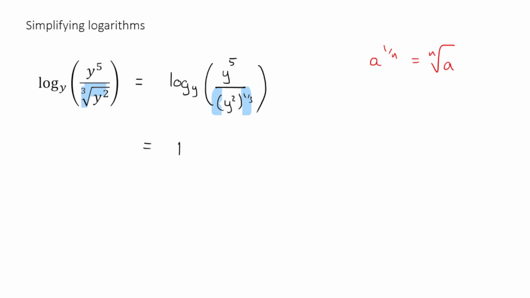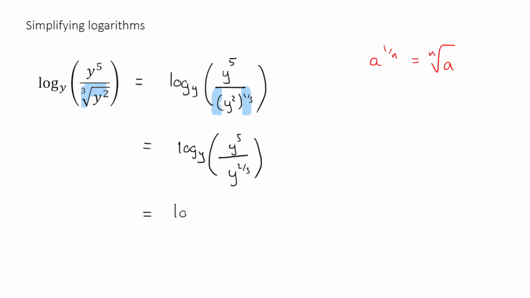Well, now I can continue with the denominator, because I've got y squared to the power of a third, so I can multiply those two powers together and get y to the power of 2/3, right? Because 2 times a third is 2/3.